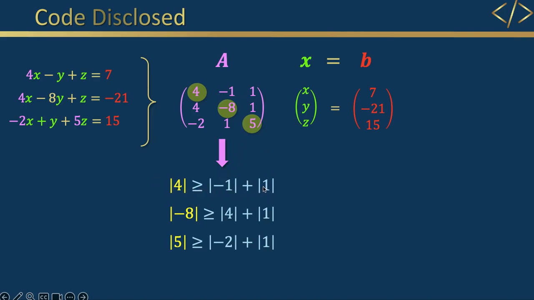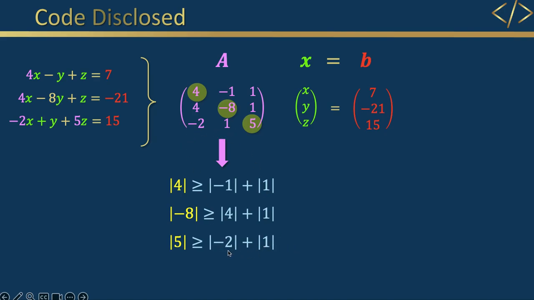For the first row, this is satisfied. Let's go to the second row. The diagonal element is minus 8, and its absolute value is 8. Is it larger than or equal to the off-diagonal elements, 4 plus 1? That's also satisfied. For the last row, the diagonal element is 5. Is it larger than or equal to the sum of the absolute values of the off-diagonals?